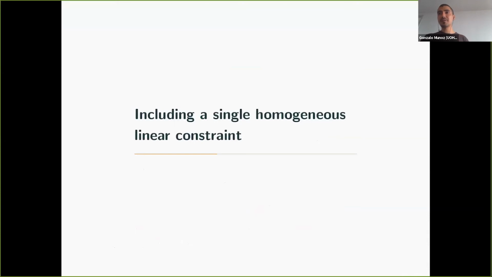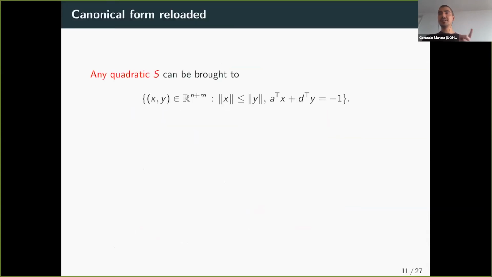So the intermediate step that we're going to do is include a linear constraint. And how am I going to do that? Any non-homogeneous quadratic can be brought to this form. Because before I did a diagonalization, and on top of that I can do a homogenization, okay?